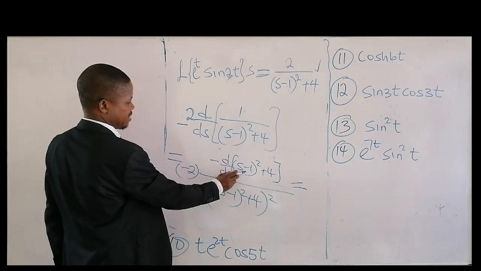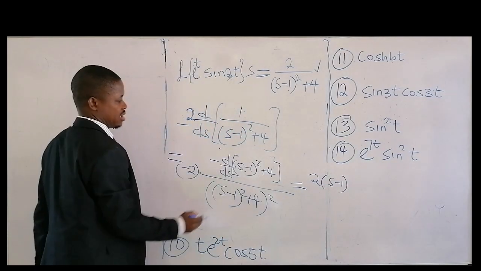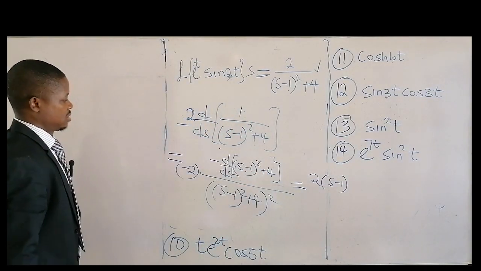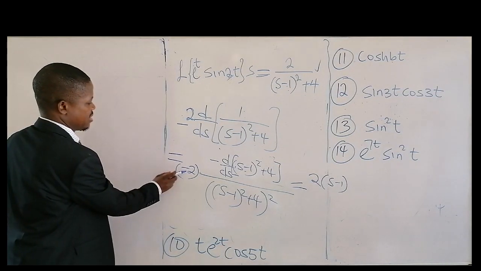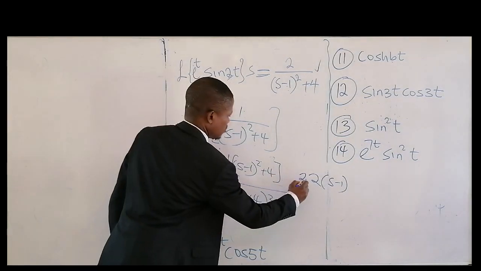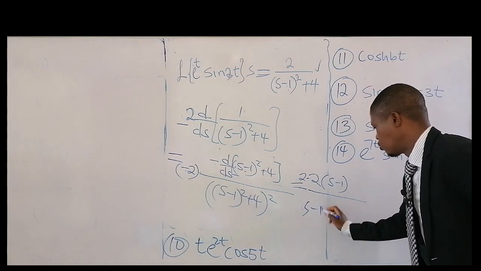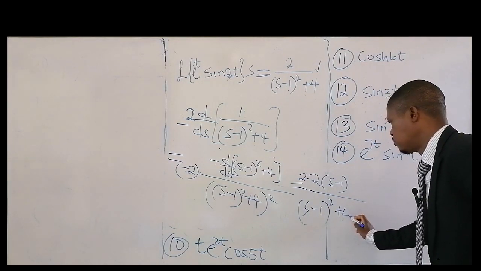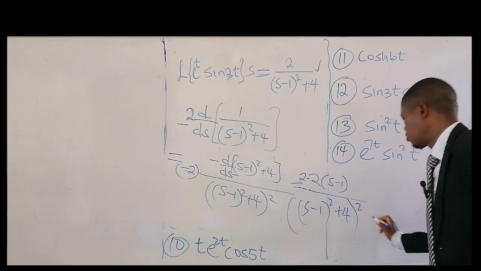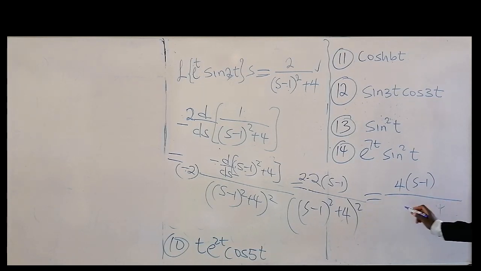If we differentiate this, the 2 will come to the front, that will be 2 into bracket x minus 1, plus 0. And don't forget you have here minus 2 times this one, that's times 2, all over x minus 1 all squared plus 4, all squared. So the final answer will be 4 into bracket x minus 1 all over x minus 1 squared plus 4 all squared.